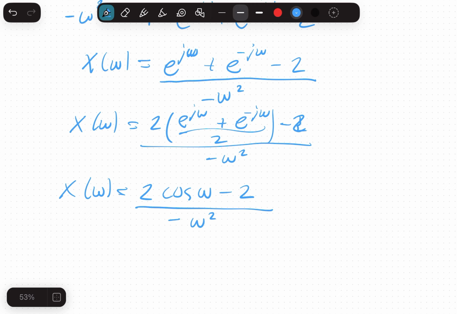And with that, we complete the transformation of the triangular pulse into this expression by using the derivative property.